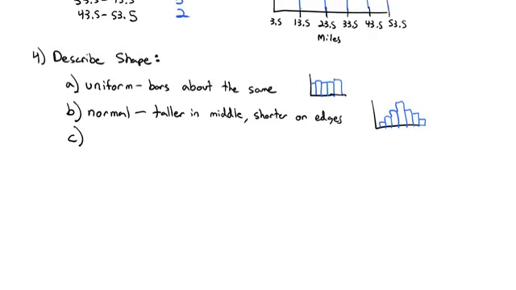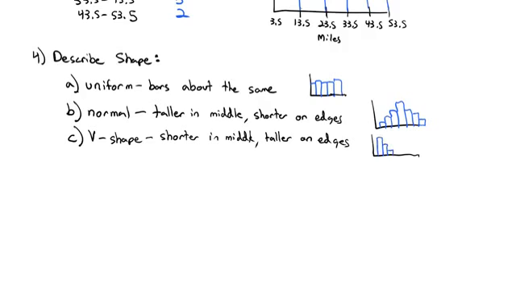The opposite of the normal shape is what we would call the V-shape, and that is shorter in the middle and then taller on the edges. So that's when we have a tall edge that gets shorter, and then it comes back up and gets taller on the outside. And you can almost see that V shape right on top of those bars.